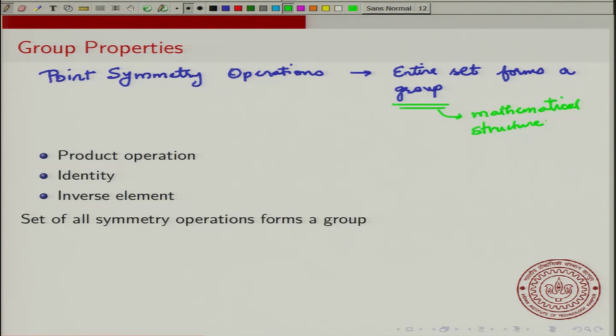So, what do we mean by something forms a group? What that means is that if you take a product of two point symmetries. Suppose you have a point symmetry operation A, and B is also a point symmetry. Then the product will give you another object C, which will also be a point symmetry.